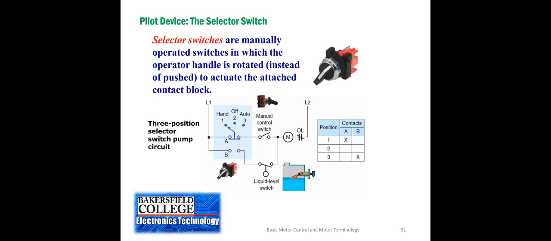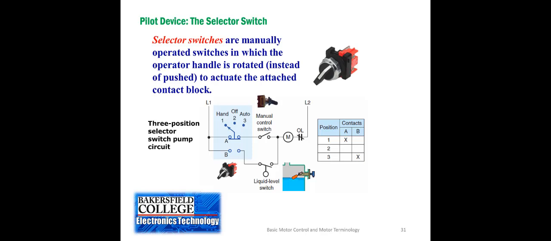When it's on automatic, then the pilot device, in this case a level switch, is activated. So the motor or whatever we're controlling will be turned on only when that liquid level switch is closed.